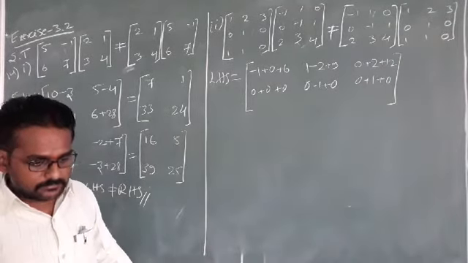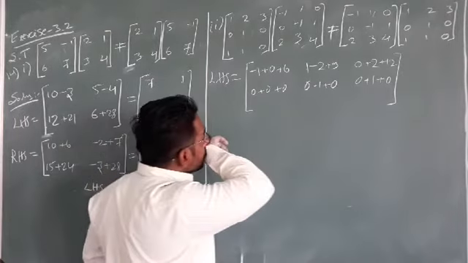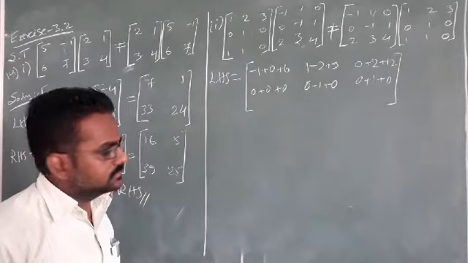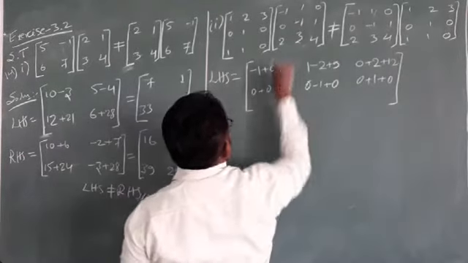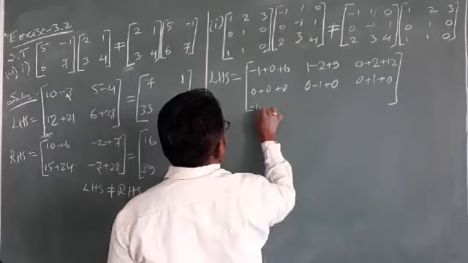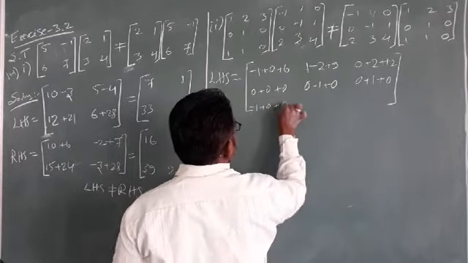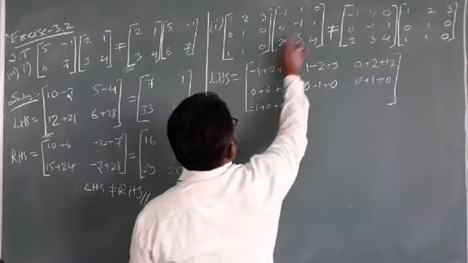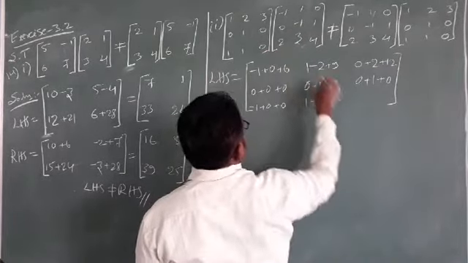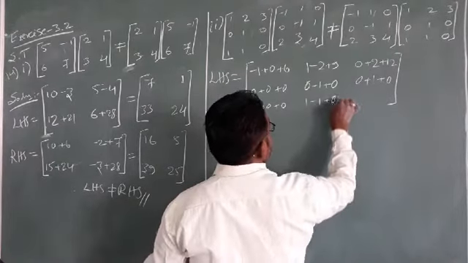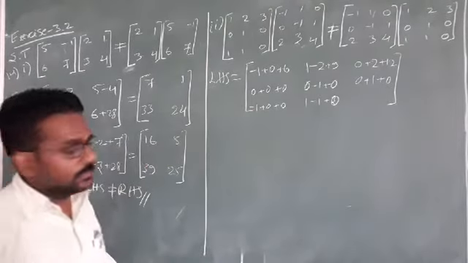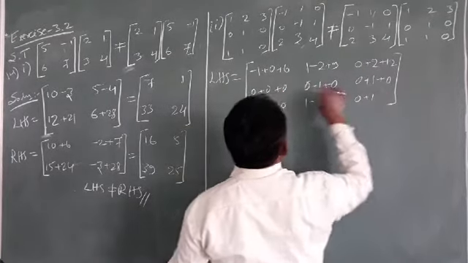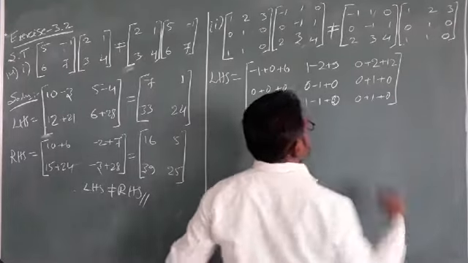Okay. Next, 1 into minus 1, minus 1. 1 into 0, 0. 0 into 2, 0. Okay. 1 into 1. 1 into minus 1, minus 1. 0 into 3, that is 0. Next, 1 into 0, 0. 1 into 1, 1. 0 into 4, 0.